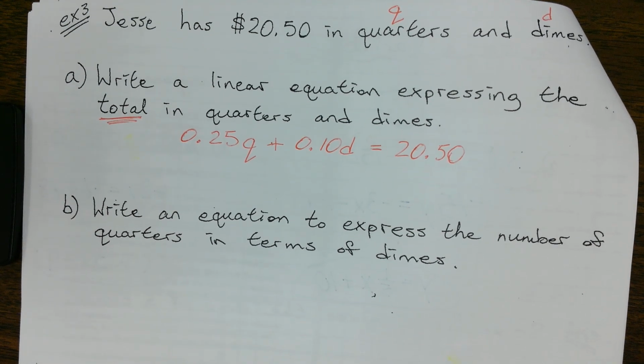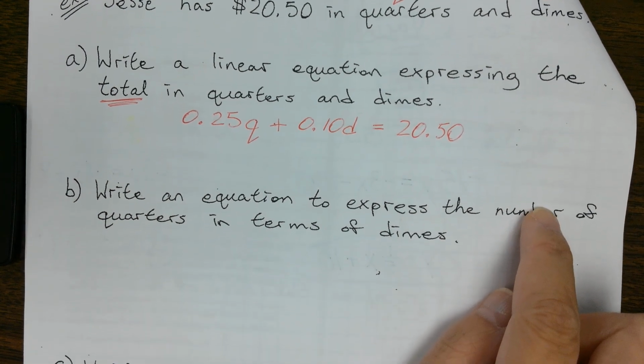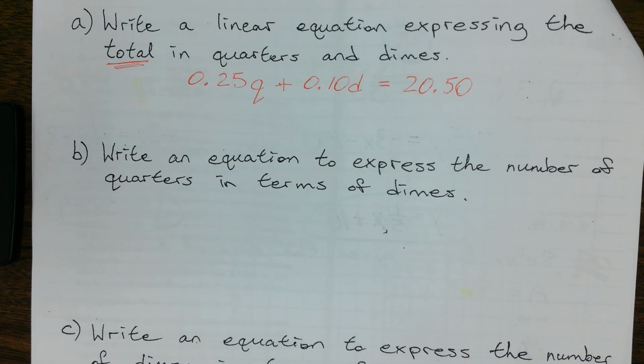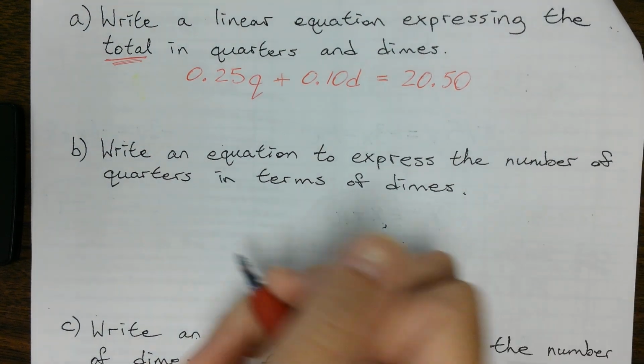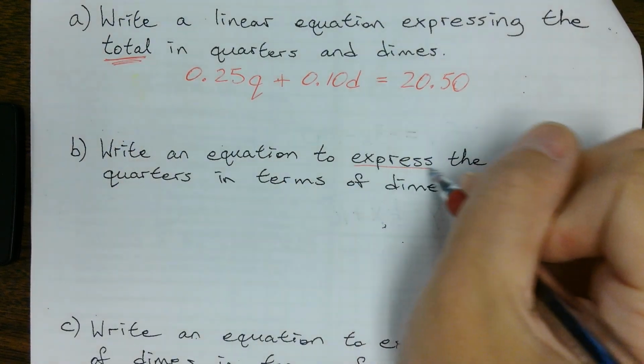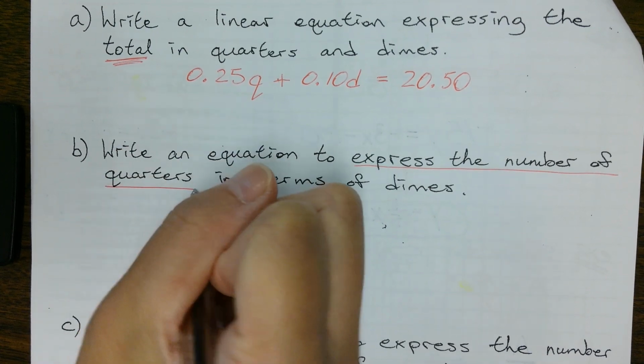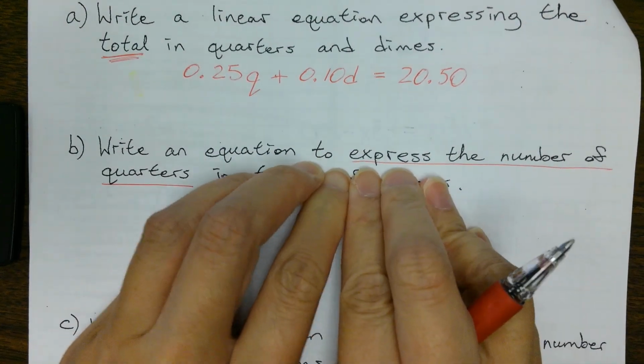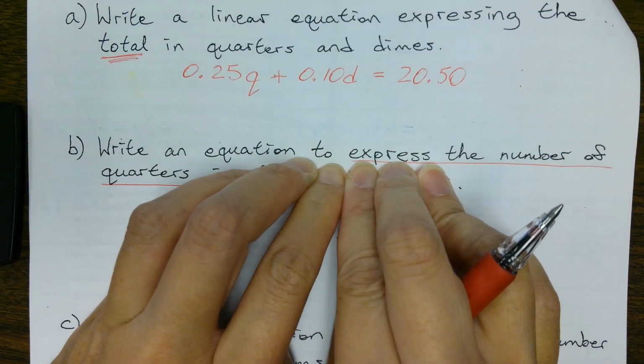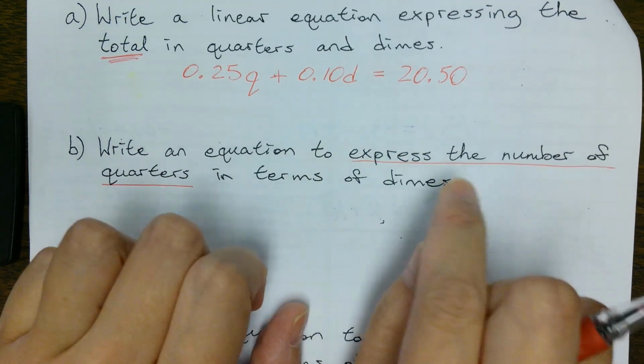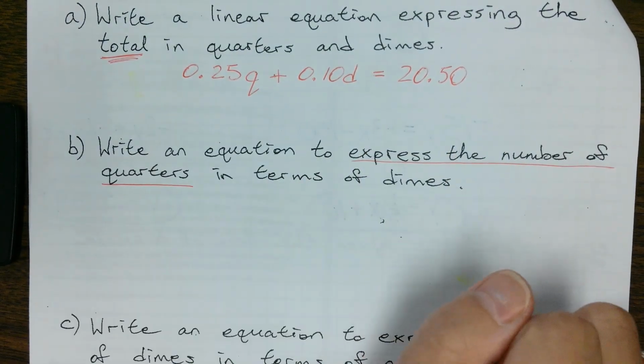Who says I don't know? All right. Why I write it so confusing is because the textbook writes it so confusing. So express the number of quarters, and then forget about what it says after. Okay? I wrote it like this because the textbook wrote it like this.